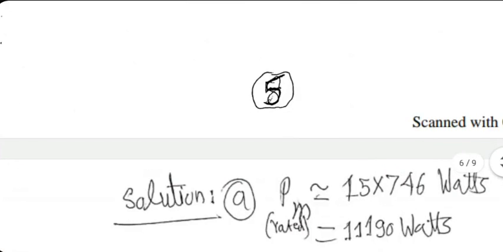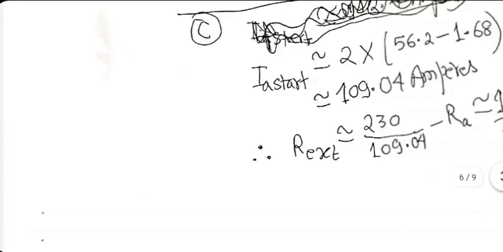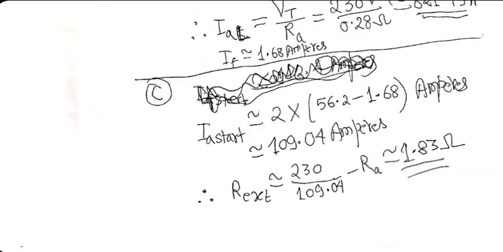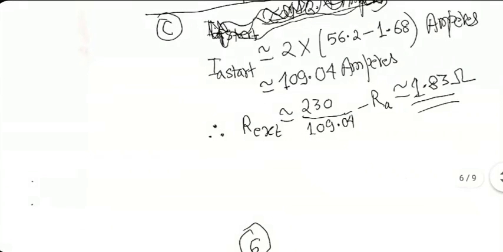So 230 volt divided by the maximum allowed current, which is 109.04, will give you the total resistance in the circuit. From there, you subtract armature resistance to get the external resistance that you should connect for safe operation. So this is a method to calculate the value of the starting resistance. The value we get is 1.83 ohm.